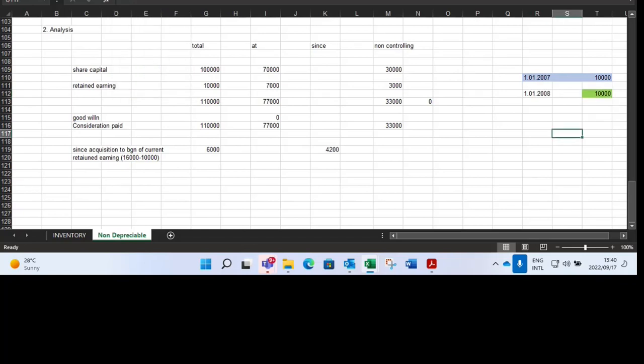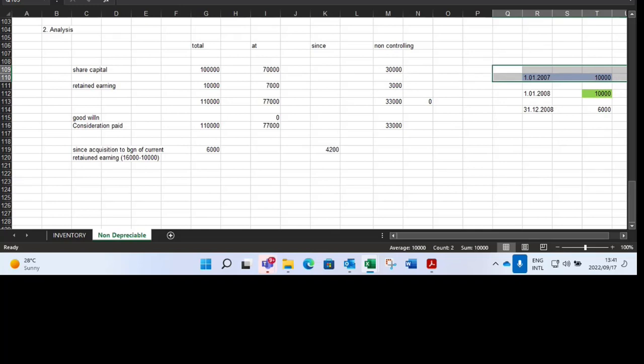And then we are told that when he closed the books on 31/12/2008, he had an accumulated profit of 16,000, meaning he made a profit of 6,000. So the 10,000 was eliminated on the date of acquisition.